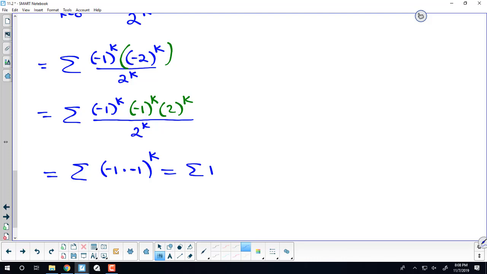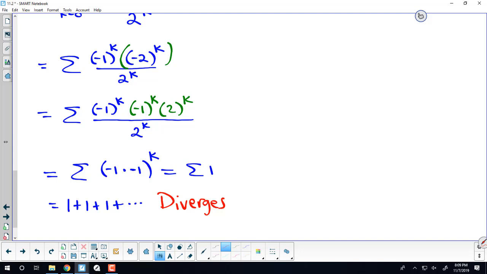What do we know about the sum of 1? What does it mean to sum from k equals 0 to infinity of 1? It's 1 plus 1 plus 1 plus 1 plus 1. Does that converge or diverge? Yeah, of course that diverges. So since that diverges, in our interval of convergence, what do we do for -1?